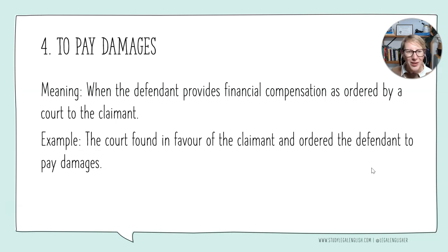So you probably know the meaning of these collocations, but as I've mentioned, you might not actually be using them. You might be using some kind of alternative, which doesn't sound so fluent. Some people here say to give damages. The defendant gave damages to the claimant. It's not the most accurate one to use. We would say to pay damages.